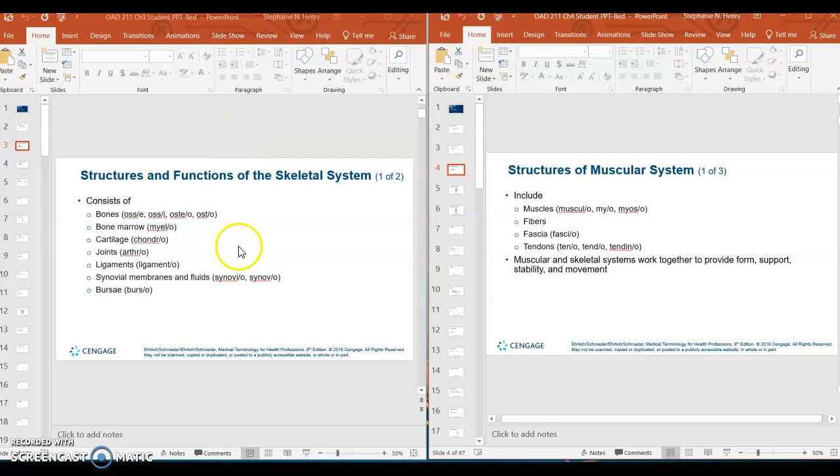Okay, so the structures for your skeletal system are mainly the bones, of course, and so you have bones, bone marrow, cartilage, joints, ligaments, synovial membranes, and bursae. And then on the muscular system, you have muscles, fibers, fascia, and tendons. And so these are the main structures that you're going to be focusing on for these 2 chapters.